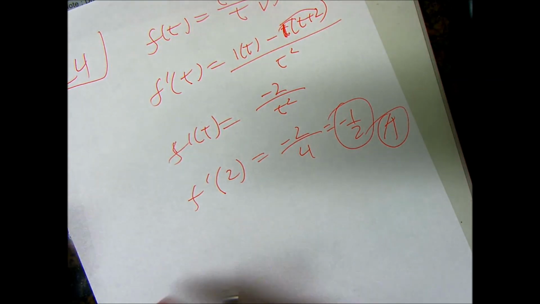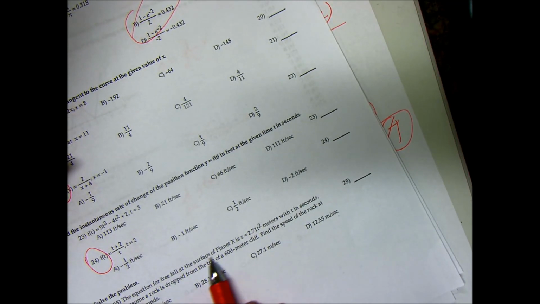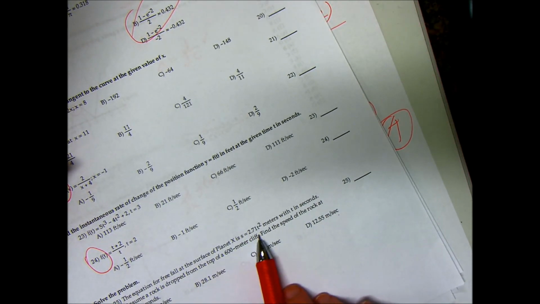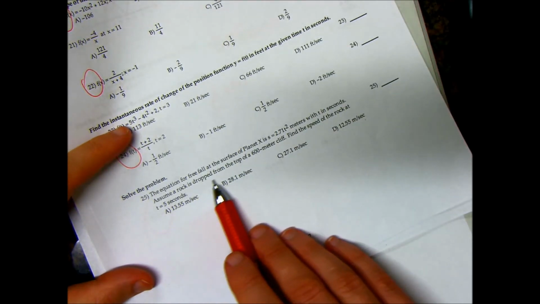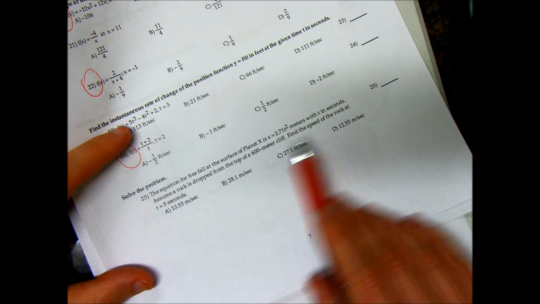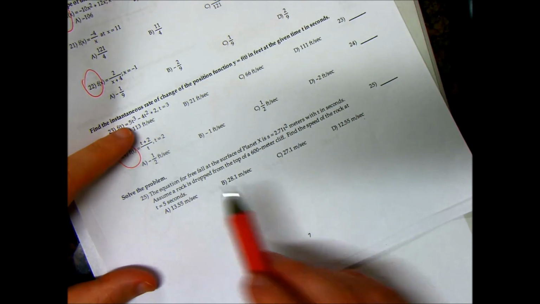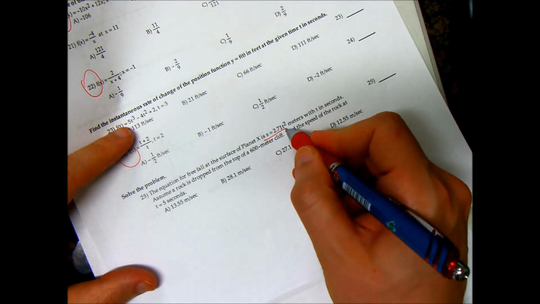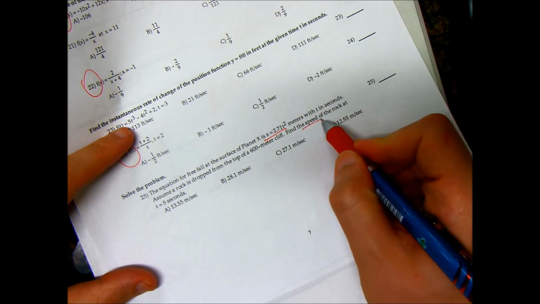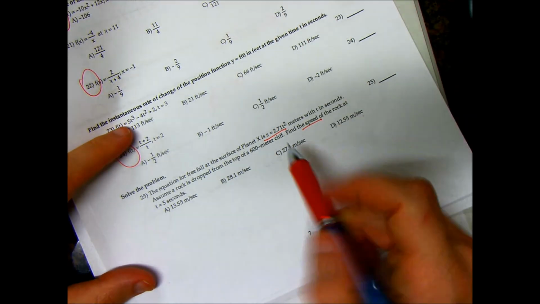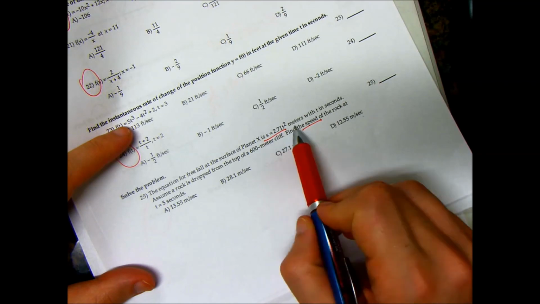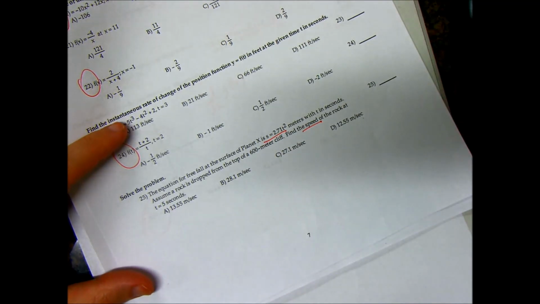All right, this is a fun question. We might as well do 25. The equation for free fall at the surface of planet X is this, with t in seconds. Assume that a rock is dropped from the top of a 600-meter cliff. Find the speed of the rock at 5 seconds. Okay, so they give you s, speed of the rock. Okay, velocity isn't quite the same as speed, but when you're given just functions like this or equations, think of them as almost the same.